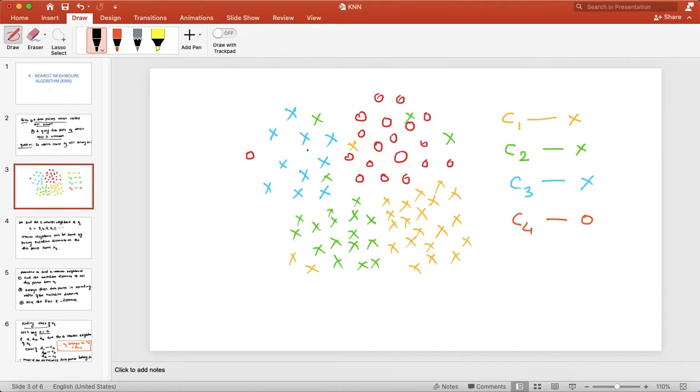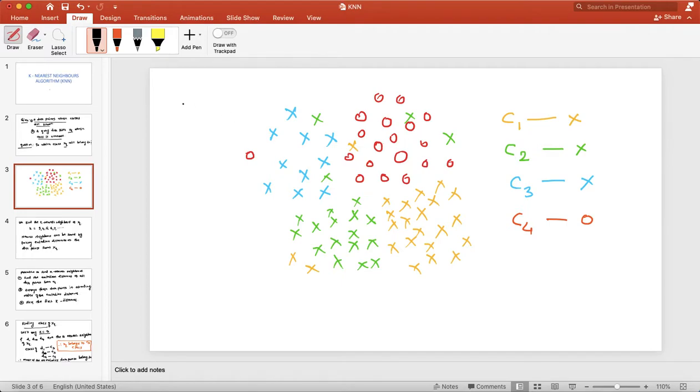Let's say we are given some data points belonging to the classes C1, C2, C3, and C4. These data points belong to the C1 class, these belong to the C2 class. Of course, this belongs to the C1 class. The majority of the data points here belong to the C3 class, and the data points here belong to the C4 class.